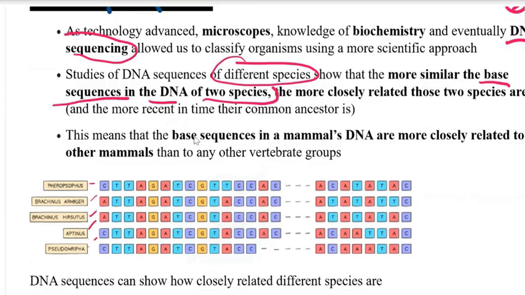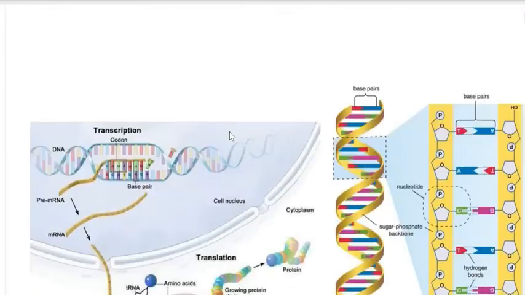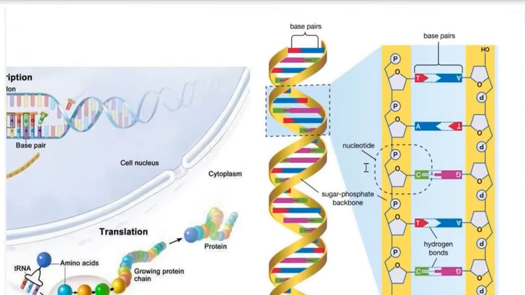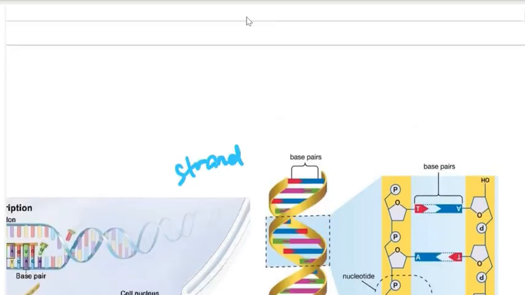Let's talk about DNA first, okay? DNAs are something like this. This is the DNA. How many strands are found inside DNA? It's about 2. So DNA, we call it double helix.